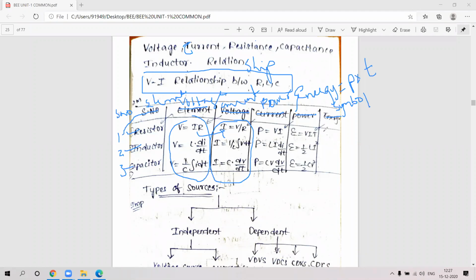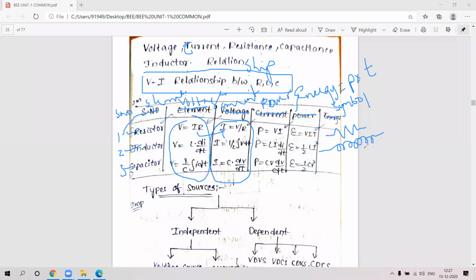Now what is the symbol? Symbol for resistor, draw the symbol, all of you. Up to like this only, don't draw more and more. If you want to increase, you can make it variable. Whereas for inductor, coil turns will be there, you have to count. Just draw neatly.